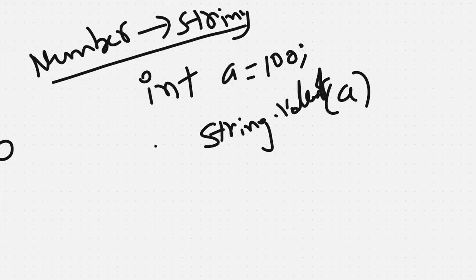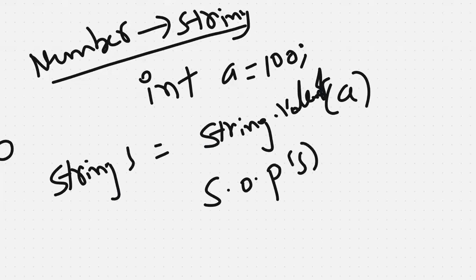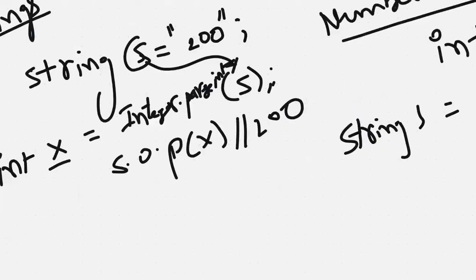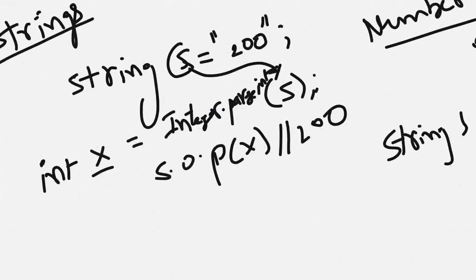So here we can convert to string s. Now I can print system.out.println of this. So the value is like this. So we convert number to string, and string to number. With Integer.parseInt I converted string to integer. Here I converted int to string.